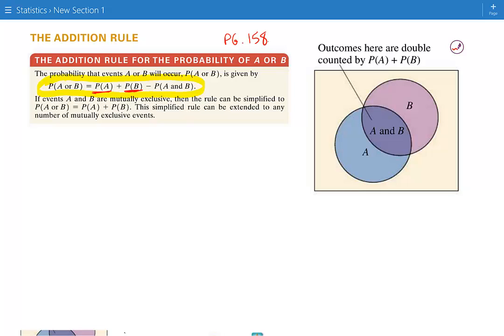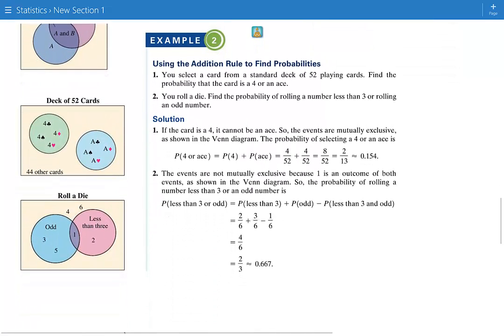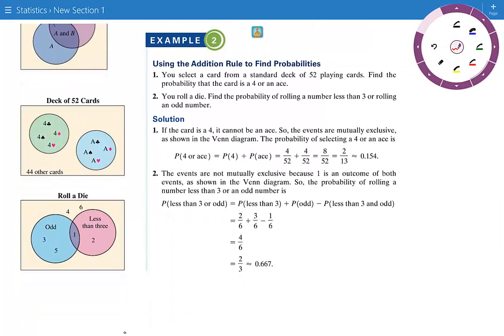Problem is if they have an intersection, then you have to subtract out the double counting. You will be double counting in that case. All right. So be careful of that. And here's an example right out of your book, and it's a good example. So I want to focus in on number 2, rolling a die.